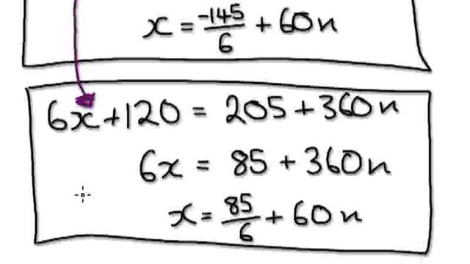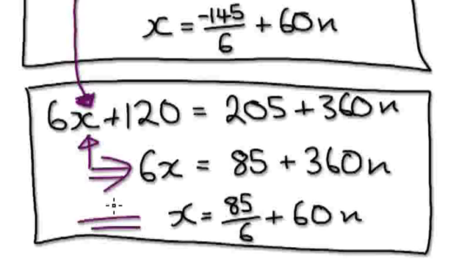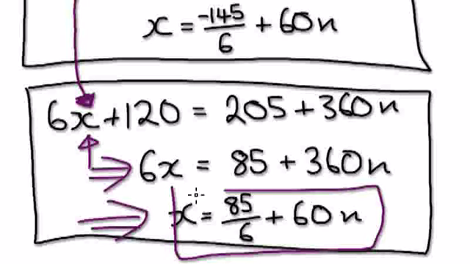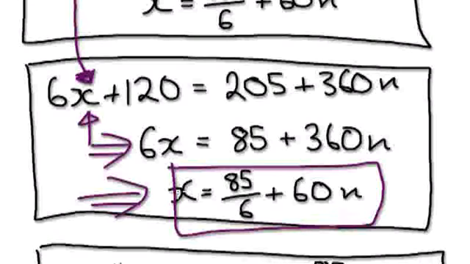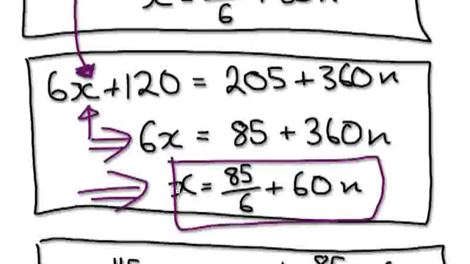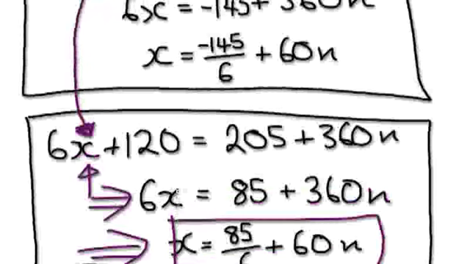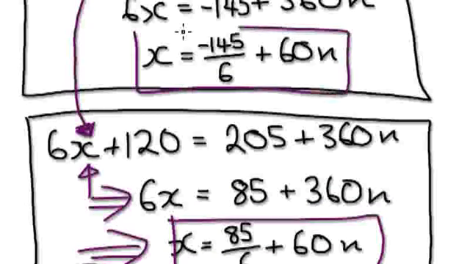Same method: try and solve for x. So x equals this whole thing here. One set of solutions is here, and the other set is here.